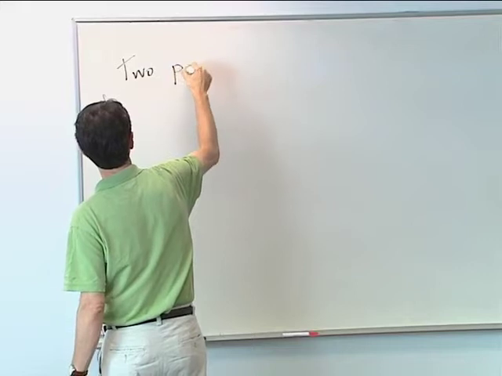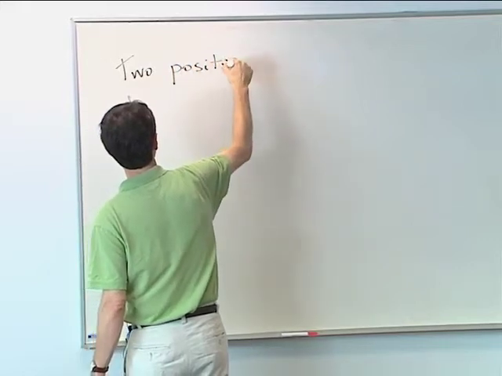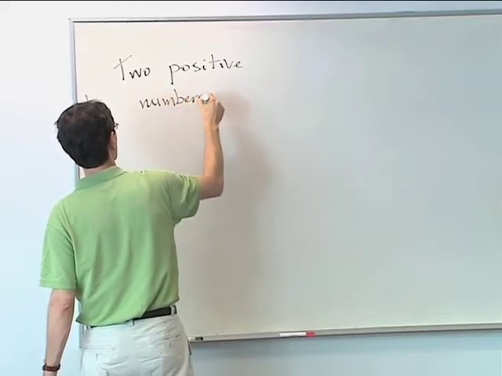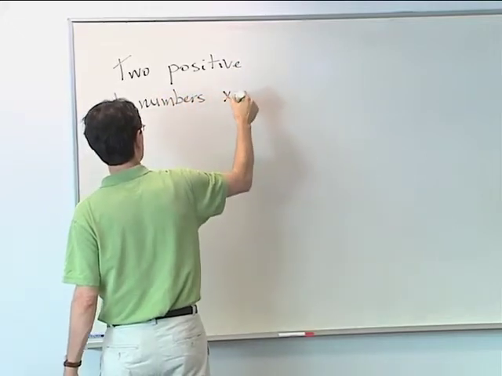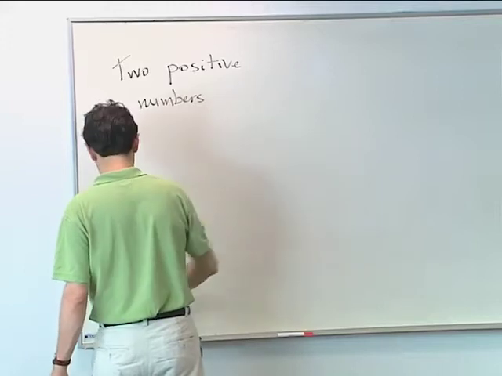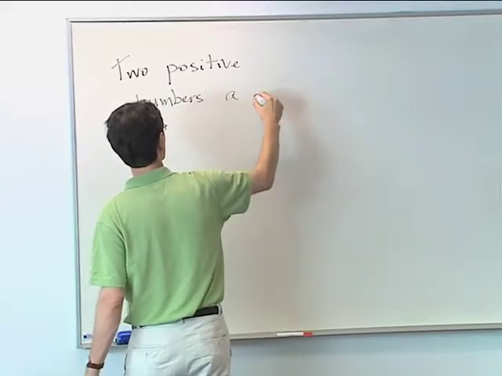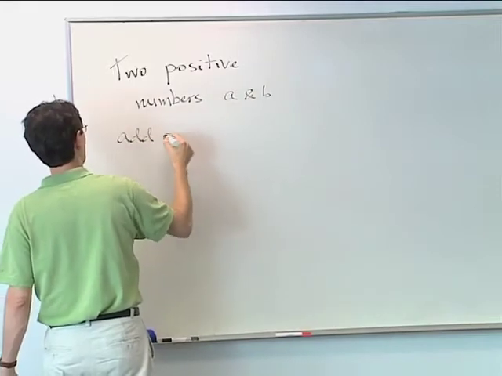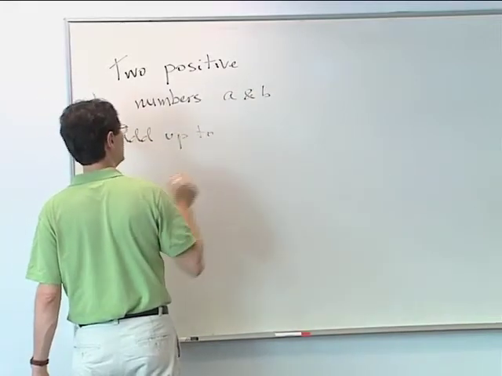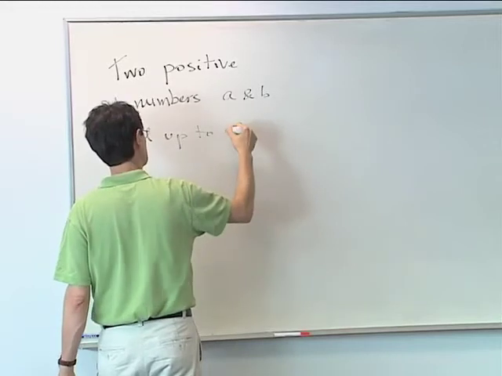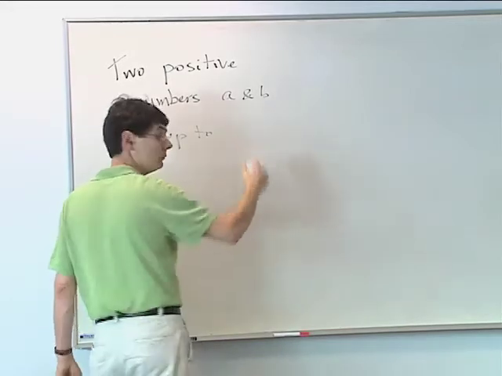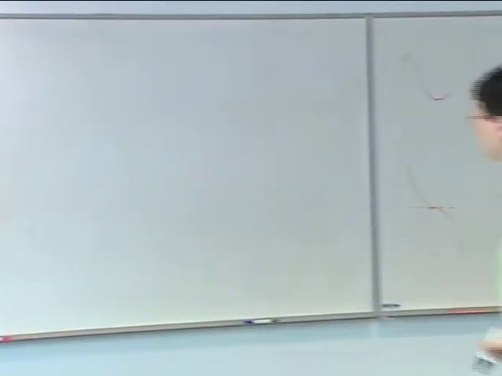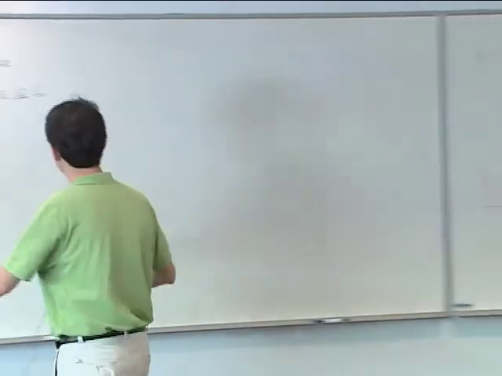Two positive numbers, A and B, add up to... give me a number. 7. Add up to 7. She picked it, not me, so don't complain.